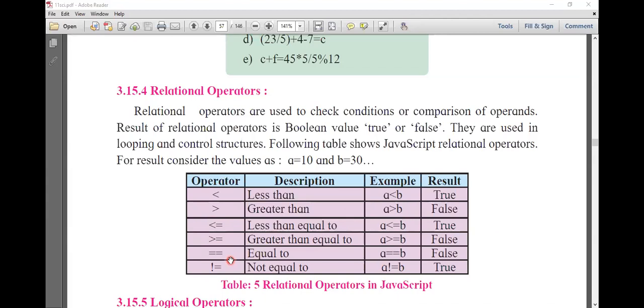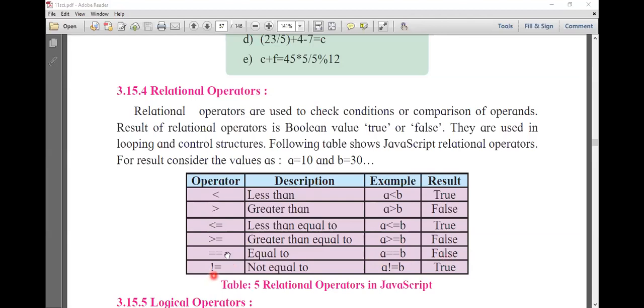When you say A double equal to B, it means the value of A and the value of B will be the same. If the value of A and the value of B are not the same, then it is false, otherwise it is true. If you substitute the values, A is 10, B is 30, these two values are not the same, so you will get a false result.